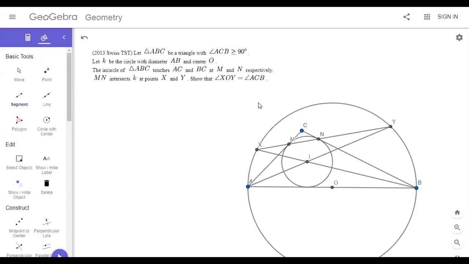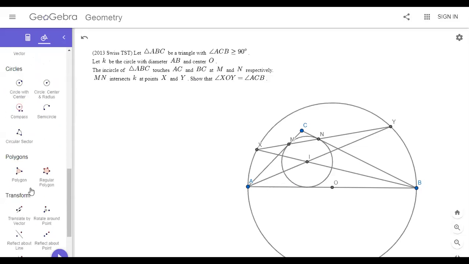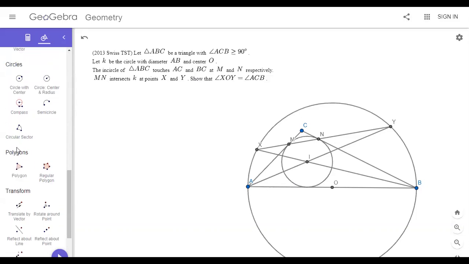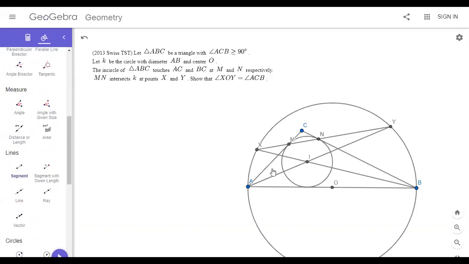Yeah, we can show AMIX is cyclic, and BYIN is cyclic. So yeah, I see how that follows. So let's just assume for now that these are collinear.